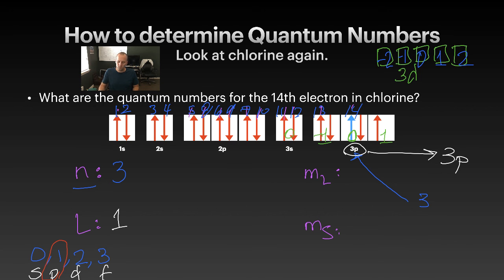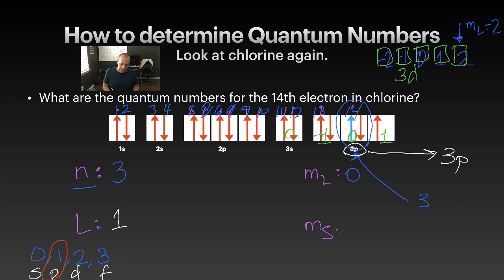And so if my electron were right here, then that would mean my m sub l value would be 2 for that box right there. So our 14th electron is right here. It is in the m sub l value of 0. Okay, it's in the 0 box. If we'd done the 15th electron, which would have been one more electron to the right, the m sub l value would have been 1 for that one.